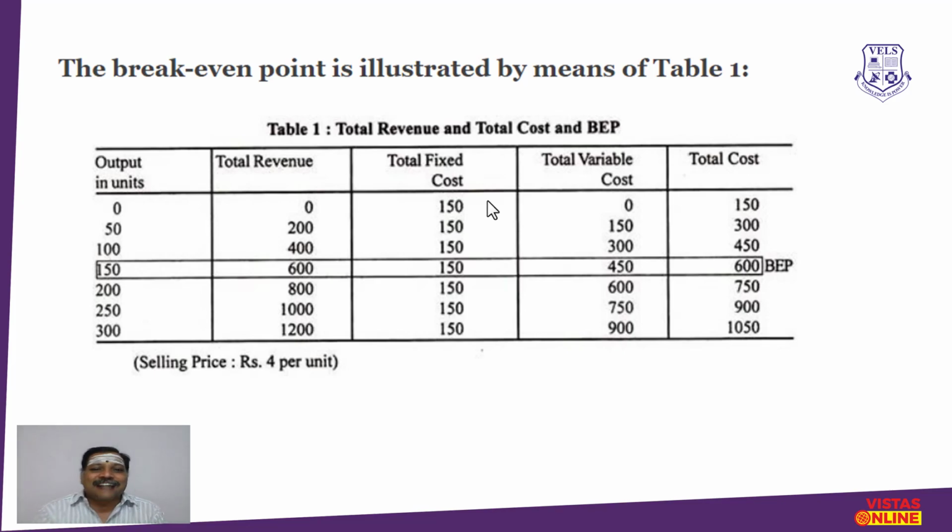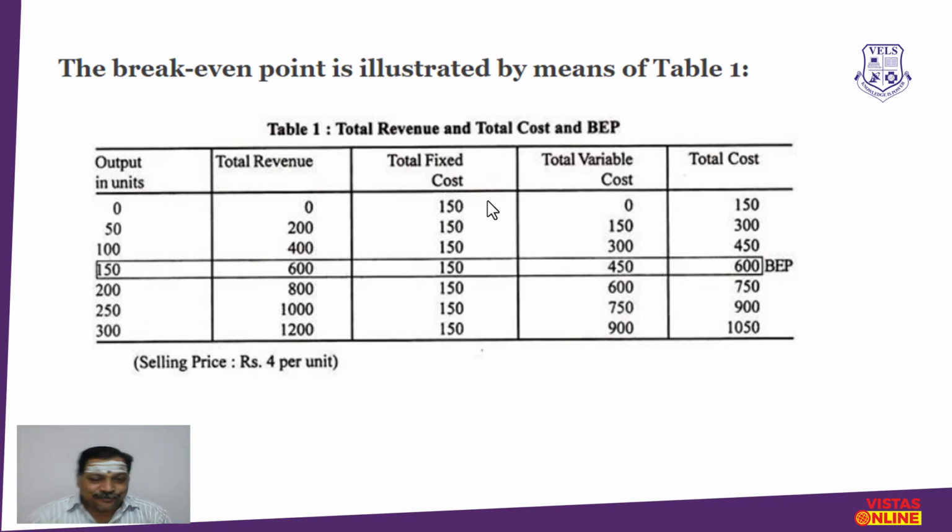When we add the third and fourth columns, the total fixed cost and the total variable cost, that is the last column, the total cost. Initially the total cost is 150 rupees only. Whether you are producing or not, we have to incur that fixed cost. After that, 150 rupees fixed cost plus 150 rupees variable cost, total cost is 300.